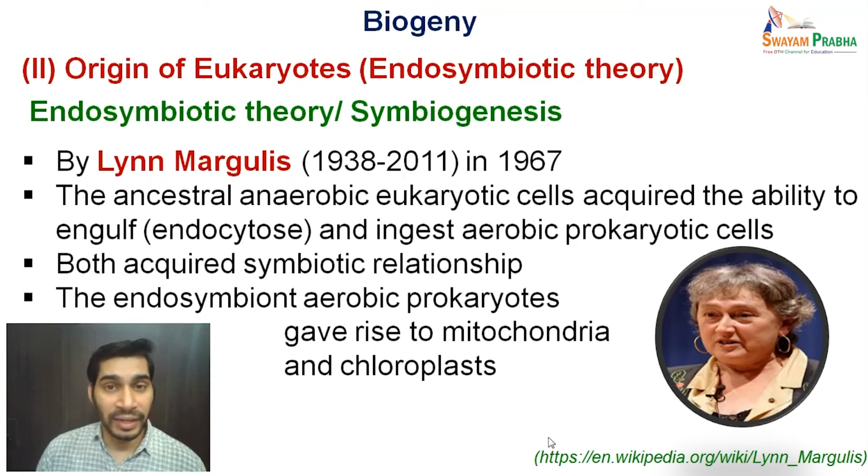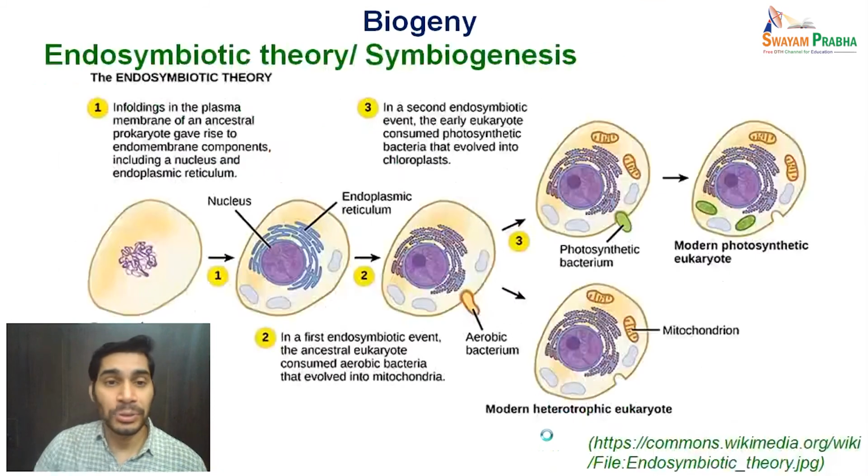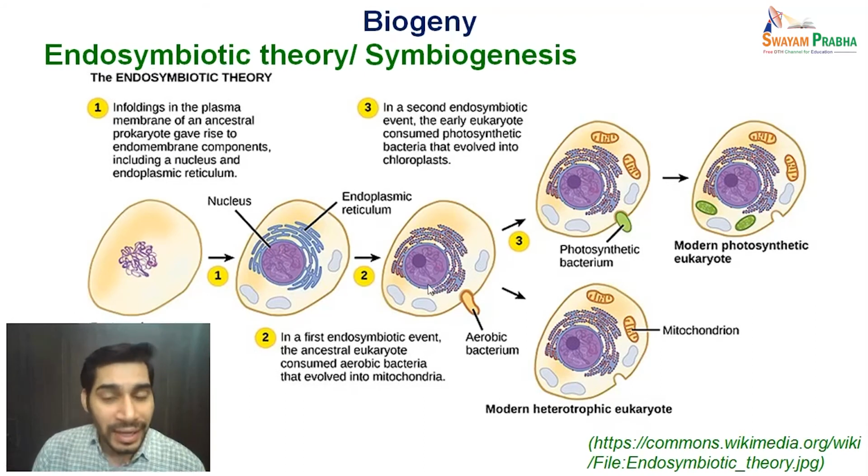Now, this theory of Lynn Margulis can be understood by this simple diagram. If you see here, this is the proto-eukaryote, and as you can see, there are no membrane-bound structures, there are not many organelles here. But in a symbiotic event, focus here, the aerobic bacterium is being engulfed by this eukaryotic cell.